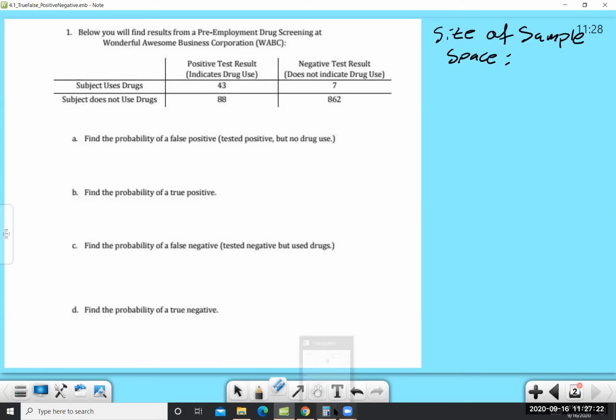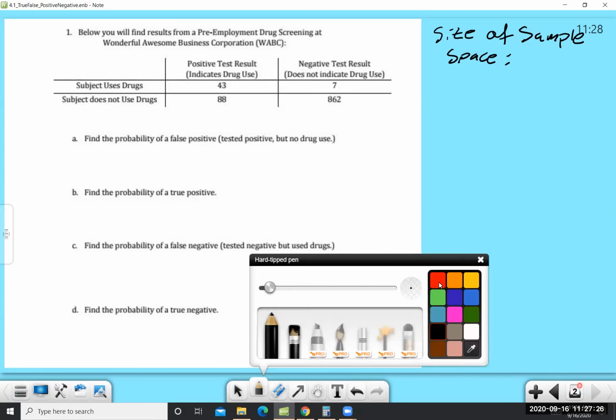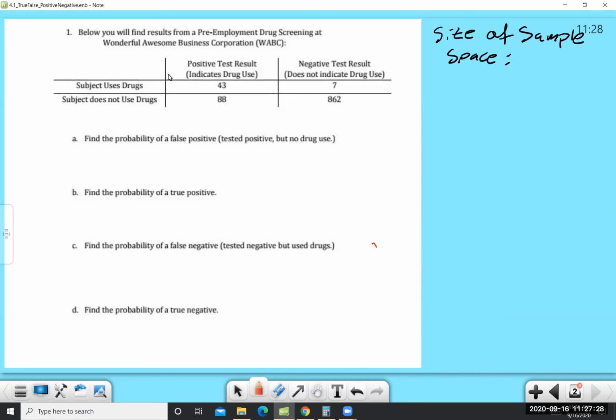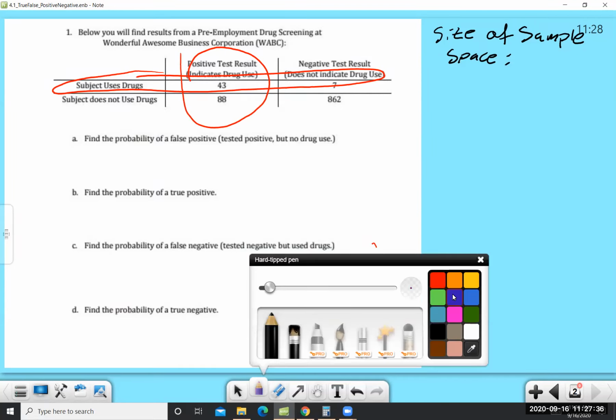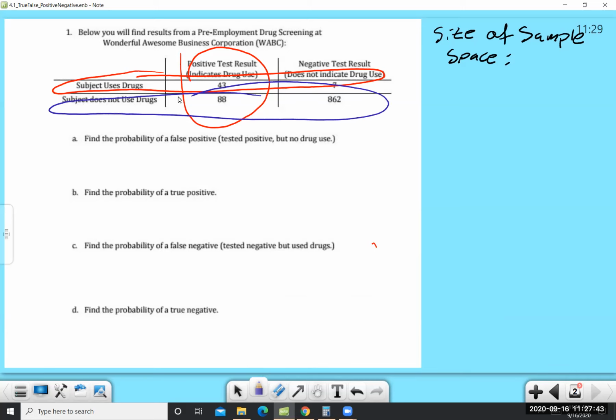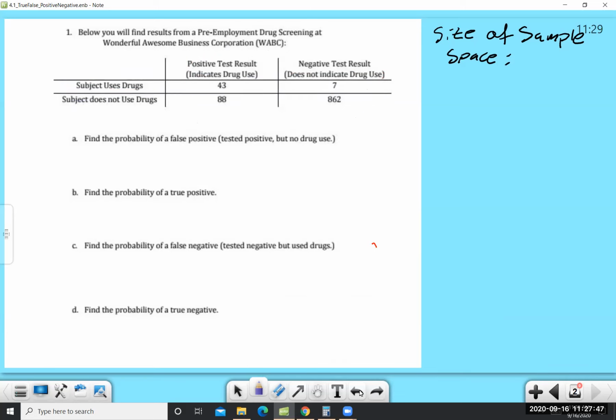So what I want to do is, well, I have 43 people who used the drug and got a positive test result. So that's 43 right there. And 88 people who did not use the drug and got a positive test result. All right, so I could draw all over this all day, or we can just add it up. How many people do we have?